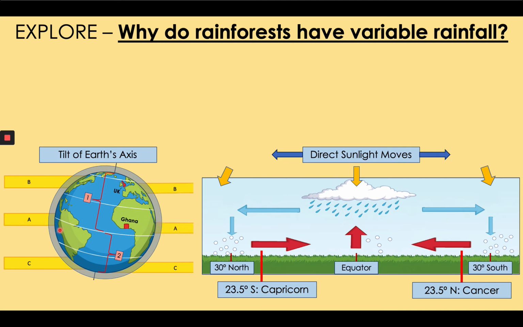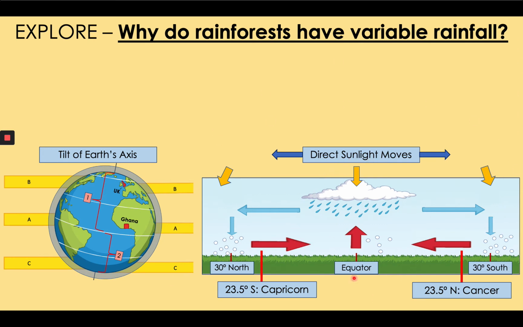And in winter, the sunlight is hitting the Earth directly just south of the equator. This is important because the hottest point of the Earth is where the sunlight hits most directly.